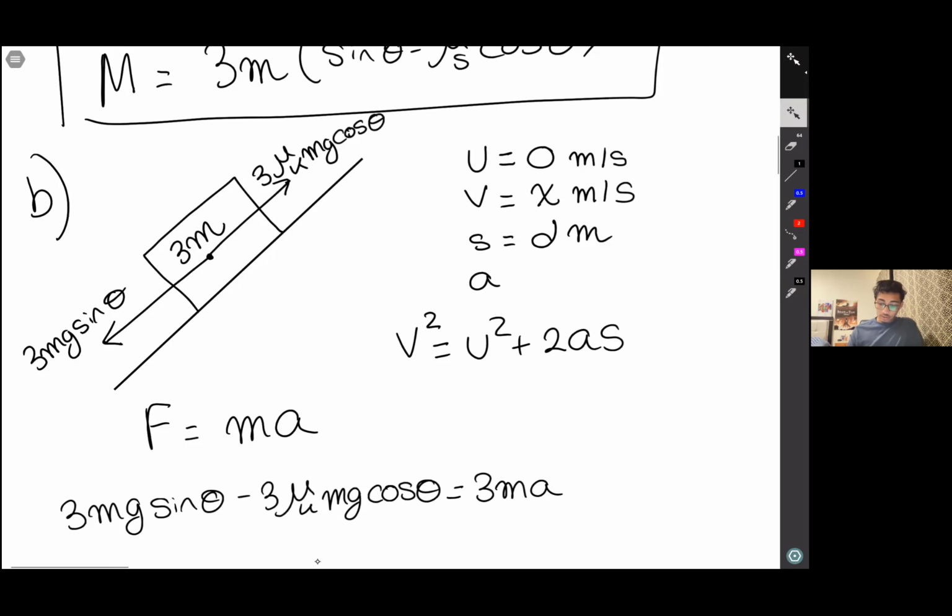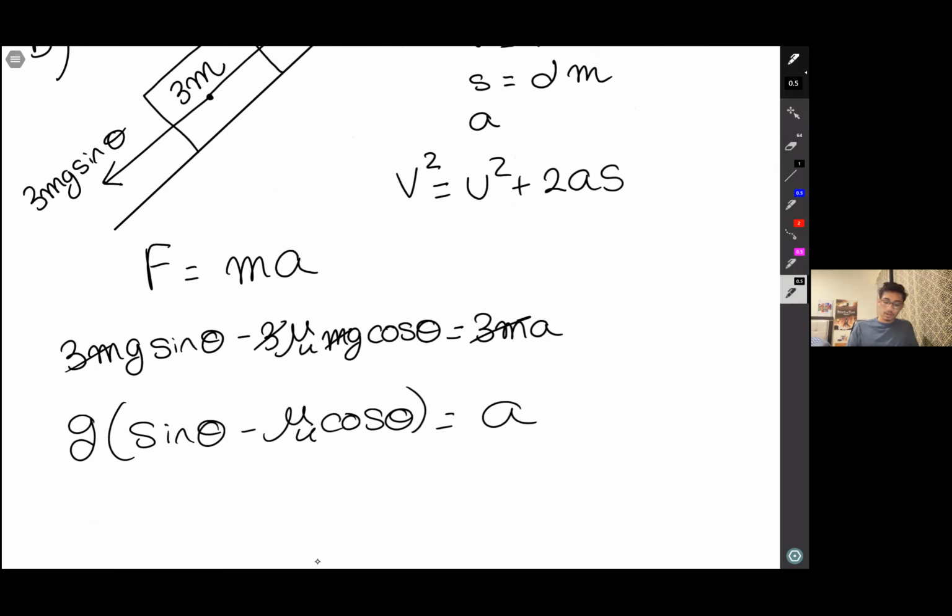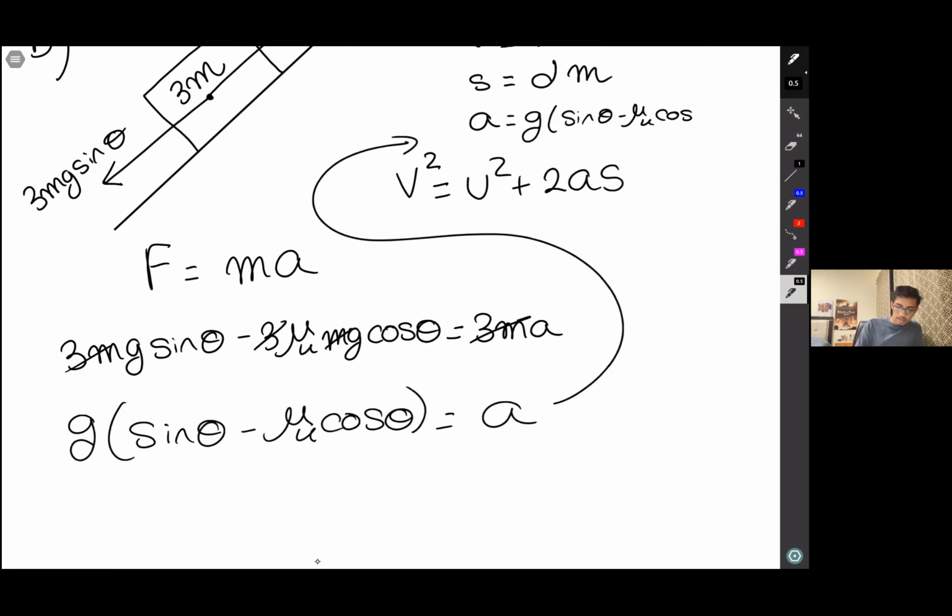You should be able to see that there is a factor of 3m in each of them, so essentially I can just cut them out. I cut out the g, my bad. I can factor out a g here. g times sine theta minus mu k cos theta is equal to our acceleration. And now I can substitute that back in. I'll rewrite this as g sine theta minus mu k cos theta, meters per second squared.